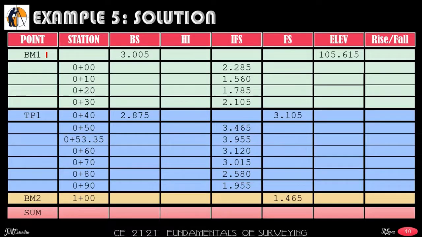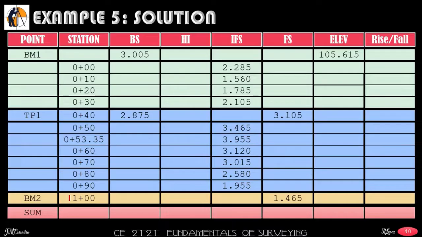From point BM1, we take our readings at station 0 plus 00, 0 plus 10, 0 plus 20, 0 plus 30. And at TP1, we take our readings at 0 plus 40, 0 plus 50, 0 plus 53.35, 0 plus 60, 0 plus 70, 0 plus 80, 0 plus 90, and at BM2 is at station 1 plus 00.